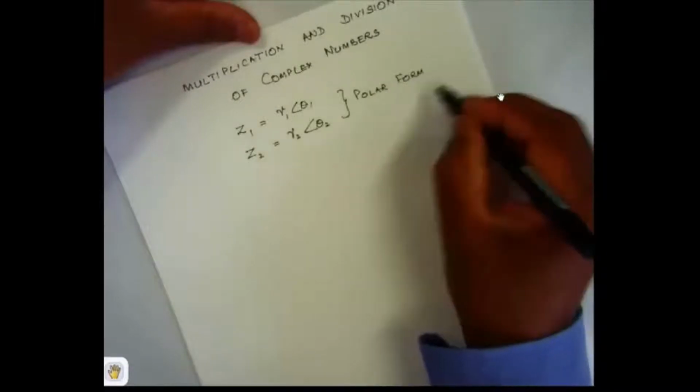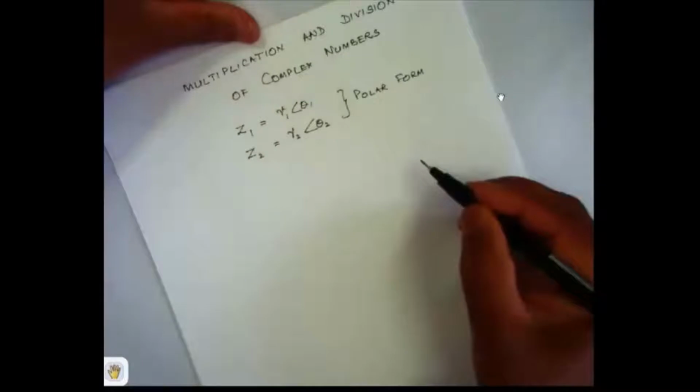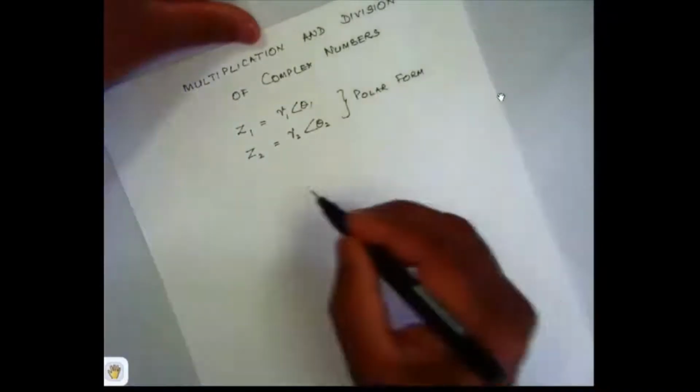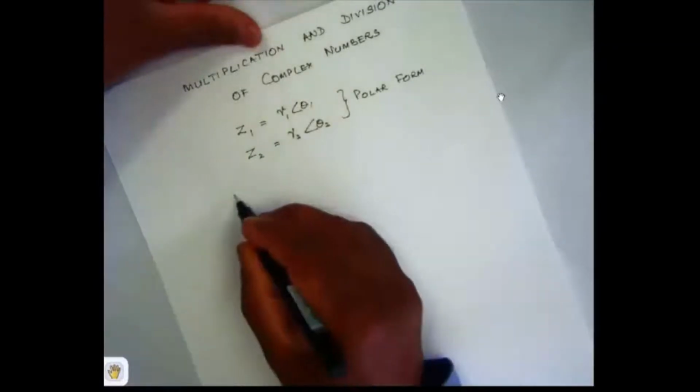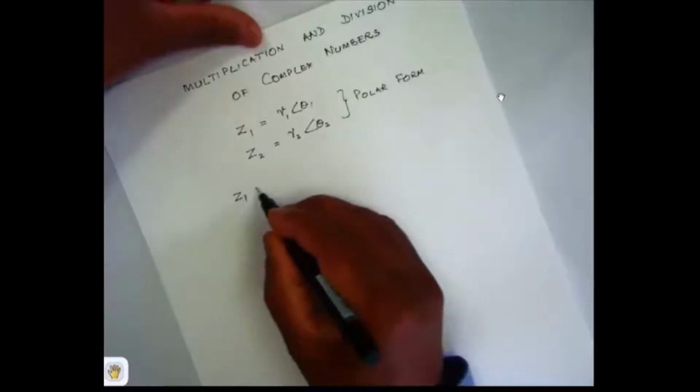In polar form, the multiplication of these two numbers Z1 and Z2 is quite easy.